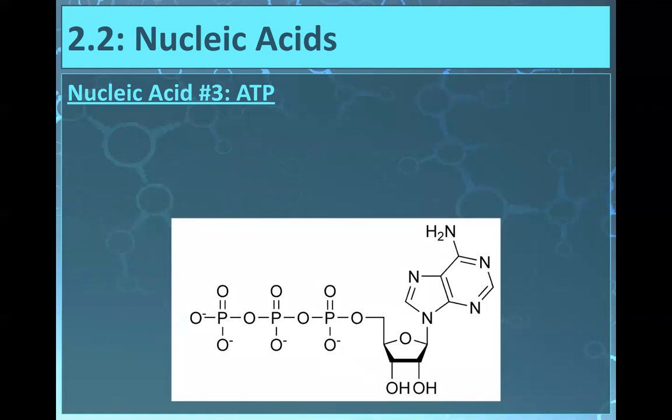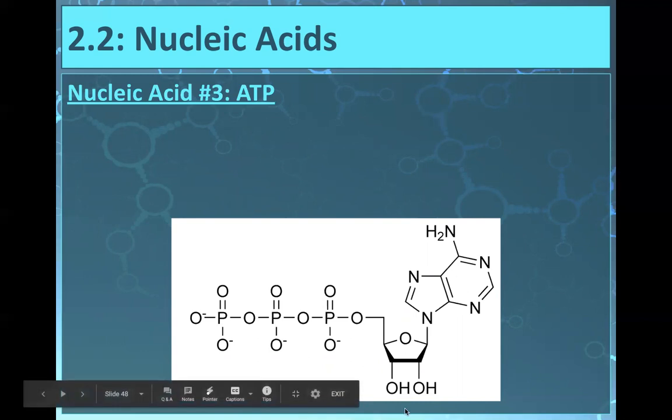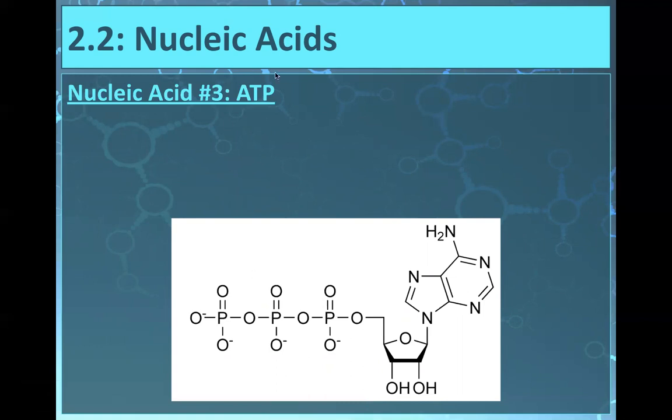Right, and our final nucleic acid is not exactly the same as RNA or DNA. And really it's just one altered nucleotide, okay? And it's called ATP, adenosine triphosphate, okay?